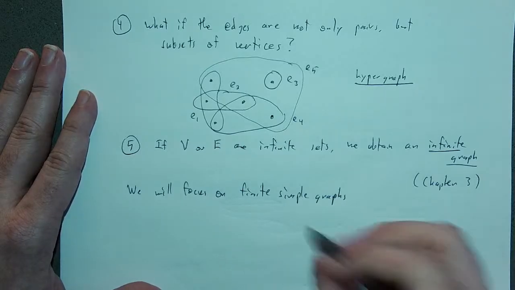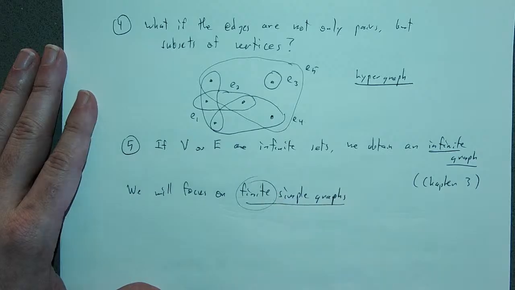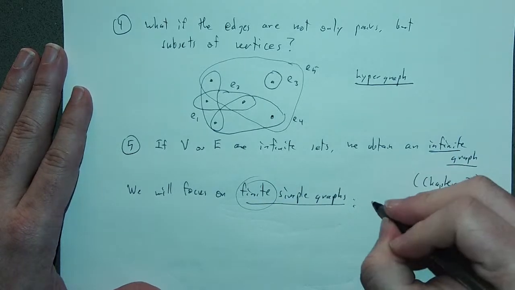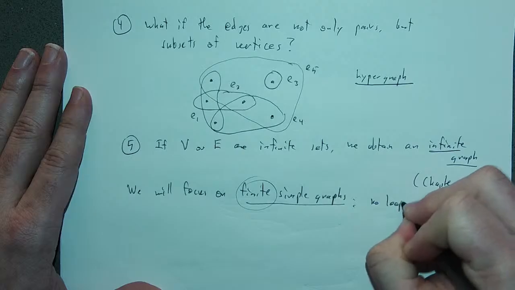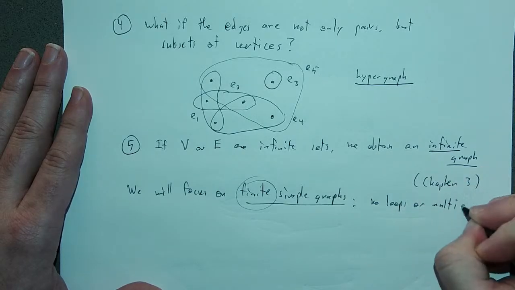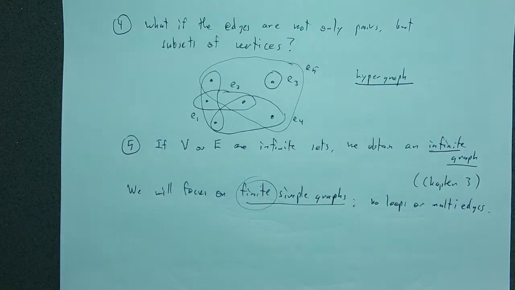But we are going to focus on finite simple graphs. So these are finite graphs, first of all, and they have no loops or multi-edges. Okay, so that is what we focus on.